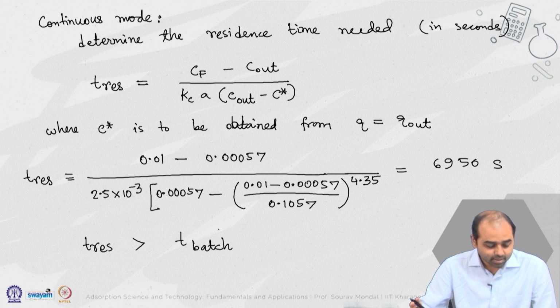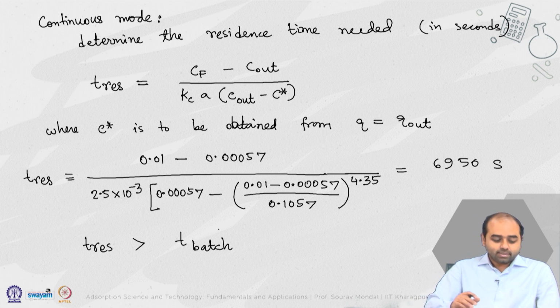So this is the problem related to the batch value. You can also work out what the batch concentration is at this value of time, that is 6950.